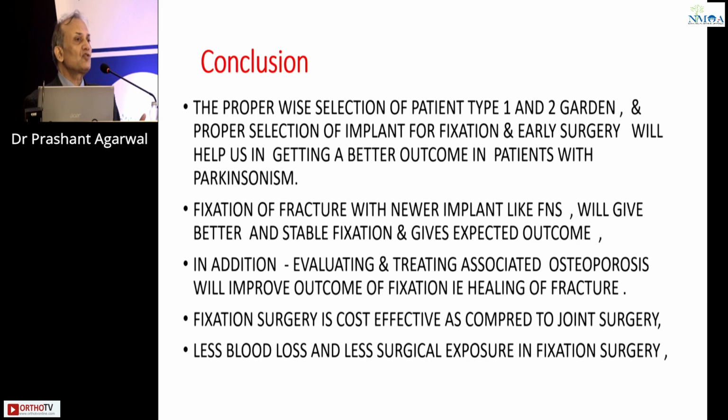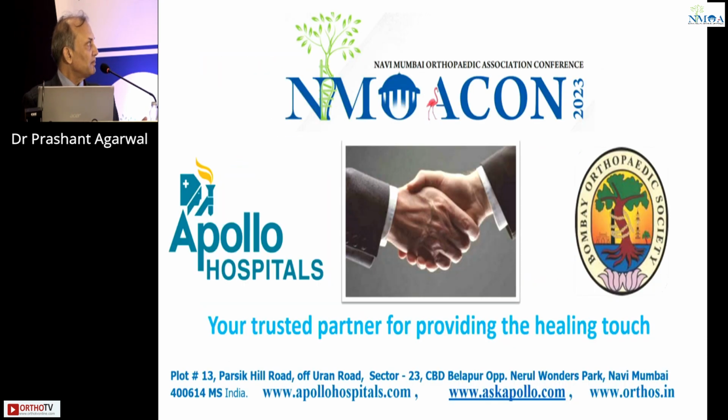Because the main aim is to ambulate them, take them out of the bed and start rehabilitation at the earliest. Another important advantage of fixation is cost, because joint replacement surgery definitely involves a lot of cost. If you want to do a constrained hip, then again the cost is going to be more as compared to fixation. Thank you very much.